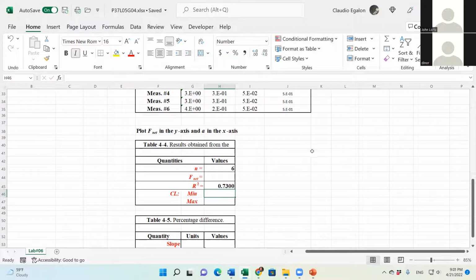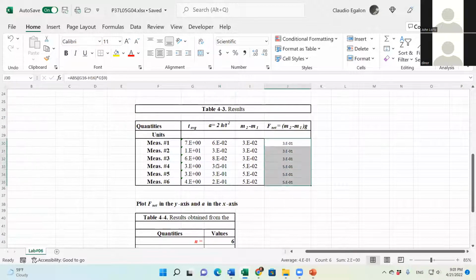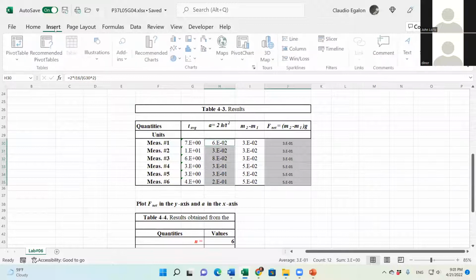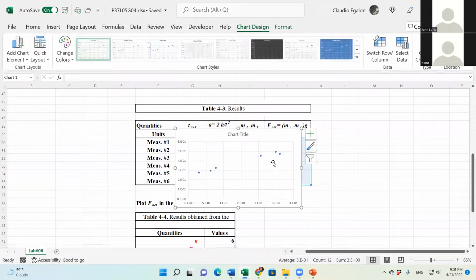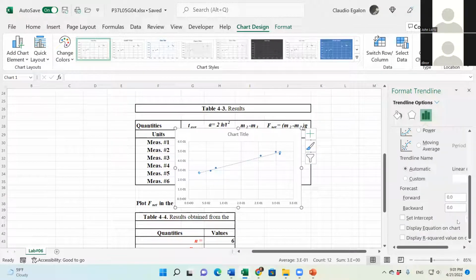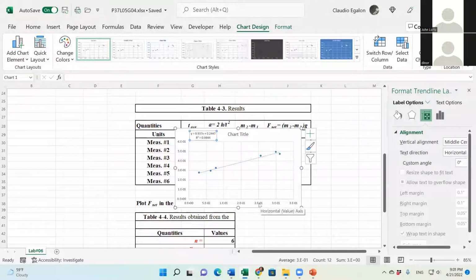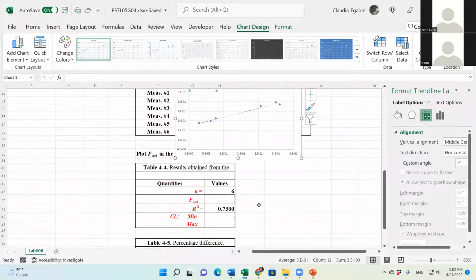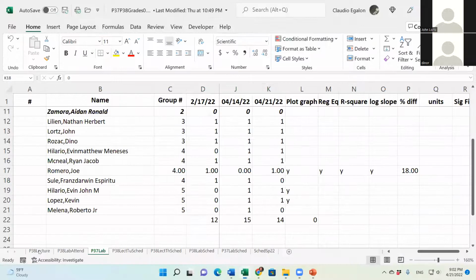Okay, so let me see if it's really 0.73. No, it's not 0.73. Where do you get 0.73? Oh, okay, John Lortz is 0.73.